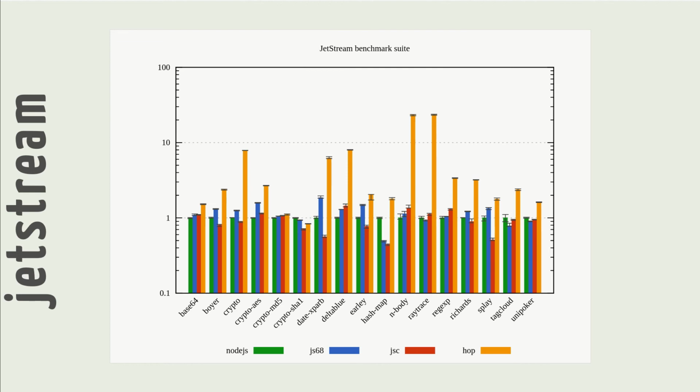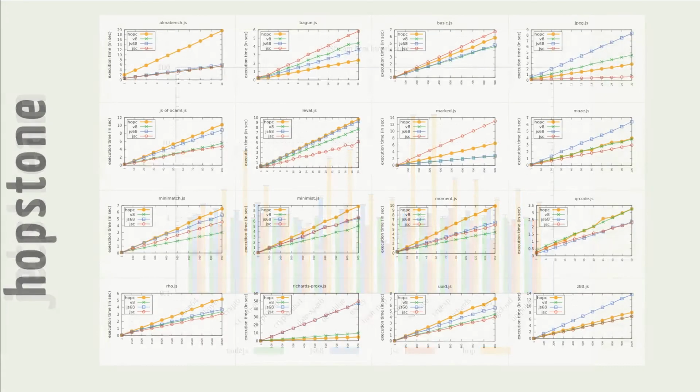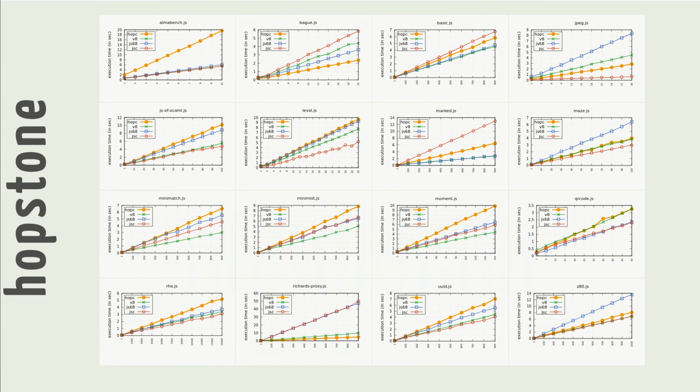This is why we are proposing another benchmark suite that, we think, better approaches JavaScript server-side usages, the application domain targeted by hop.js. Hopstone is composed of 18 benchmarks. In the interest of time, we use only 16 in this presentation. The tests are coming from different sources and they are implemented by different authors.